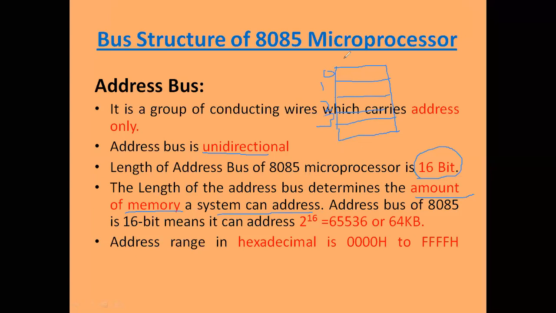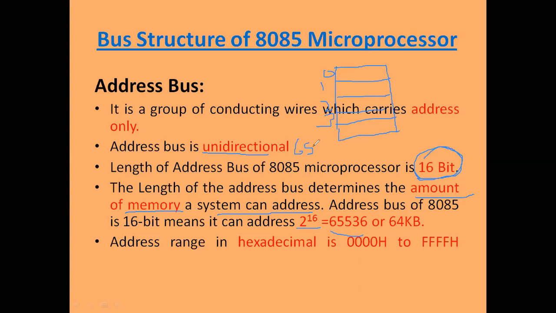How many addresses we can have in memory, we can determine with the help of the address bus. If the address bus is 16-bit, it means 2 raised to the power 16. How many combinations can I have? 65,536. Means if I start from 0 1 2 3, तो कितने मेमोरी लोकेशंस मुझे मिल जाएंगे?